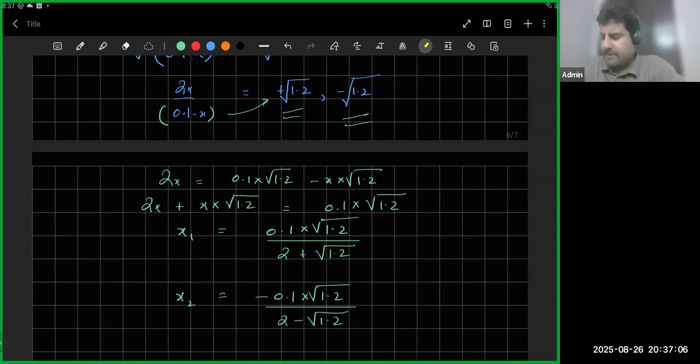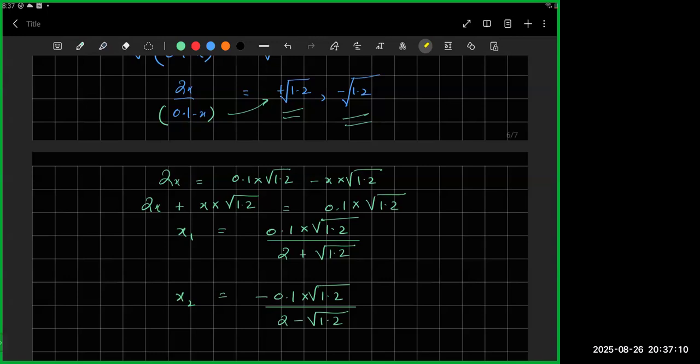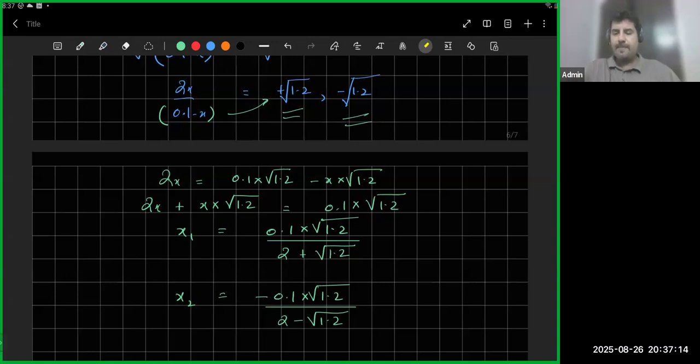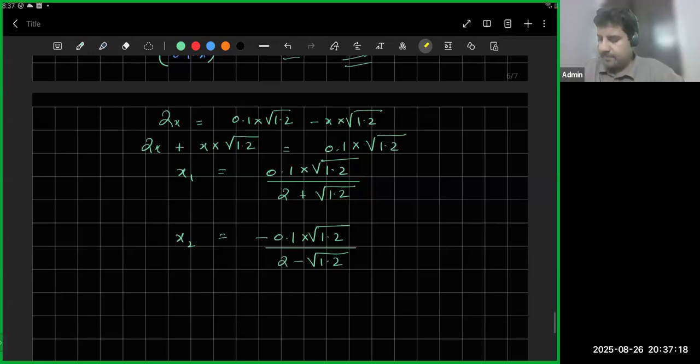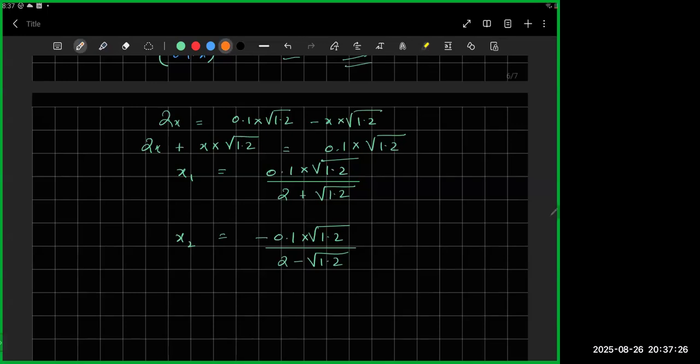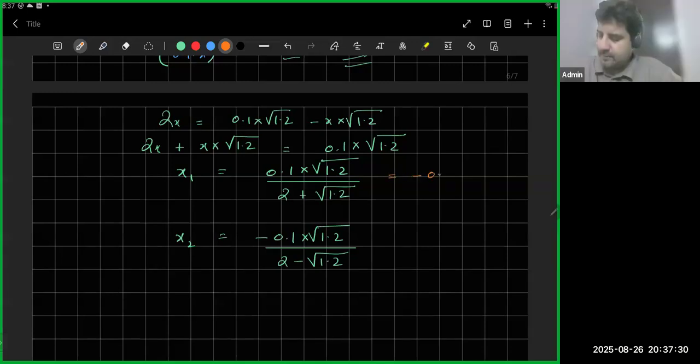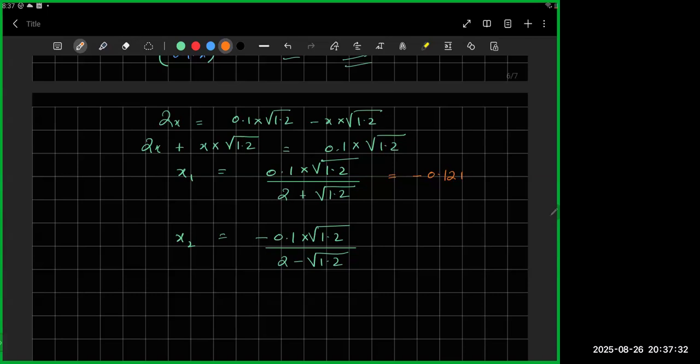Binal, do you have a calculator? Yes. Solve this and tell me, what do you get for this? Minus 0.121. You put minus 0.121.